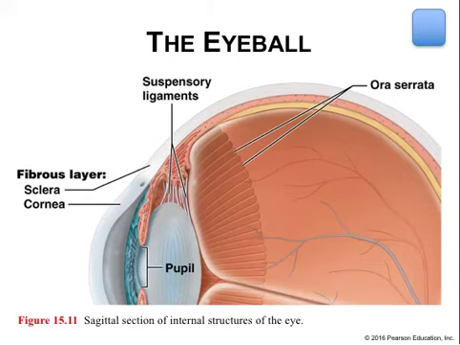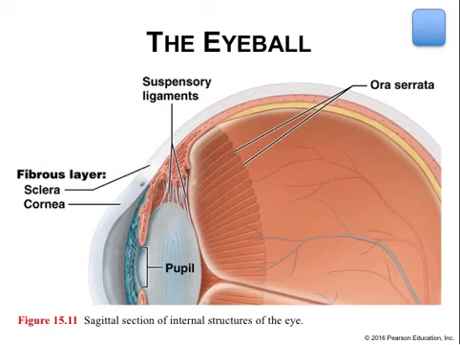Okay, so because the cornea is transparent due to the regular arrangement of the collagen and the keratin fibers in the extracellular matrix of the cornea, when light hits it, it bends towards midline, and this is called refraction.